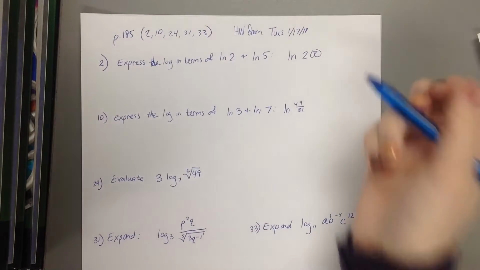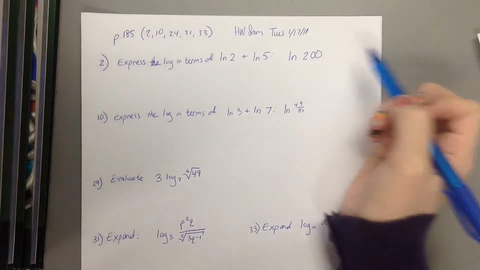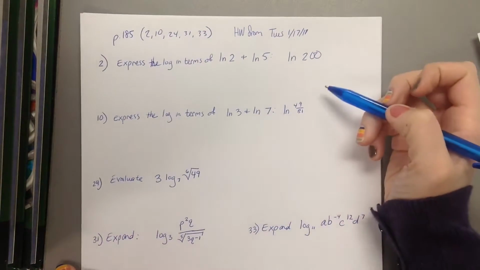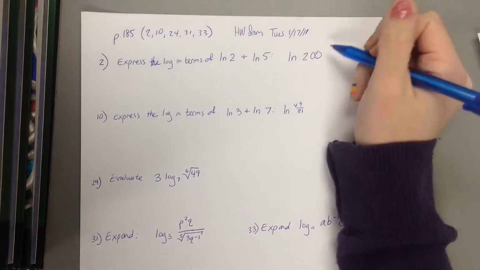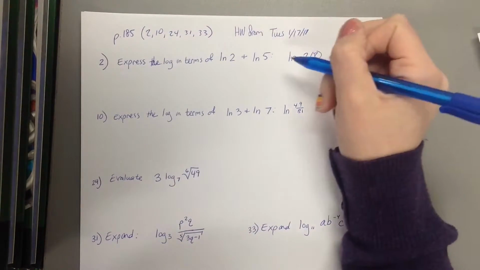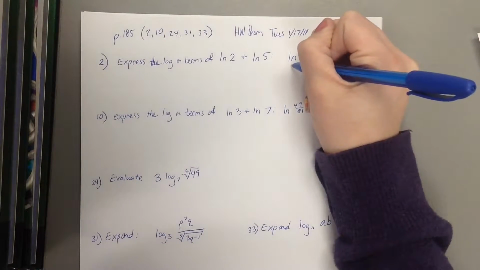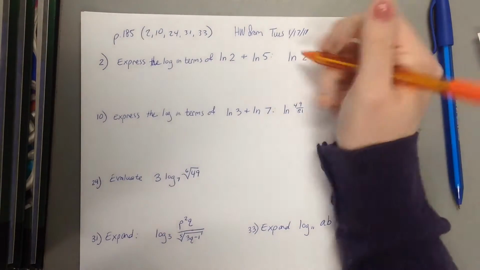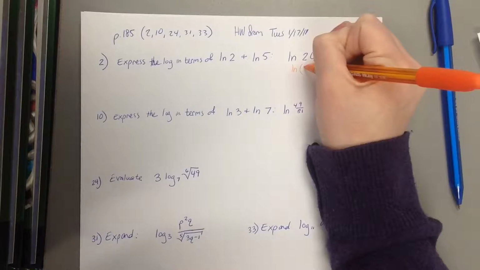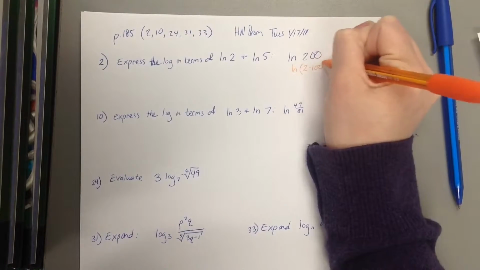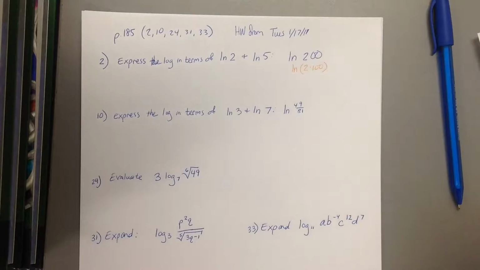So writing this in terms of natural log of 2 and natural log of 5, I know that 200 can be broken down into 2's and 5's. So for example, maybe I know that it is the natural log of 2 times 100. I know that fact.